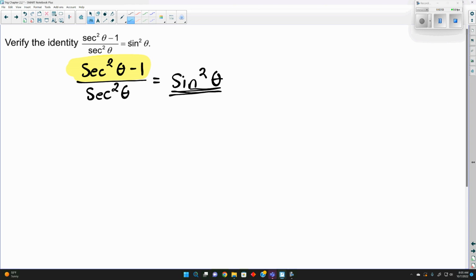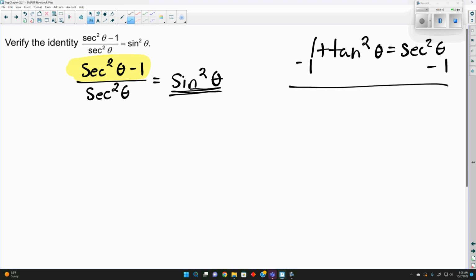So 1 plus tangent squared of theta is equal to secant squared of theta. The reason this is nice is because we can subtract 1 from both sides, telling us that tangent squared of theta is equal to secant squared of theta minus 1.